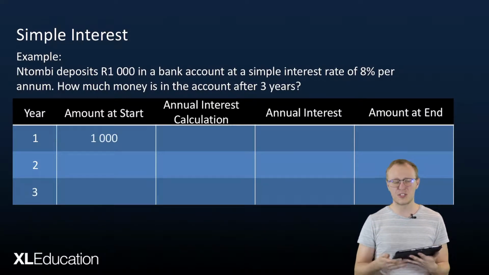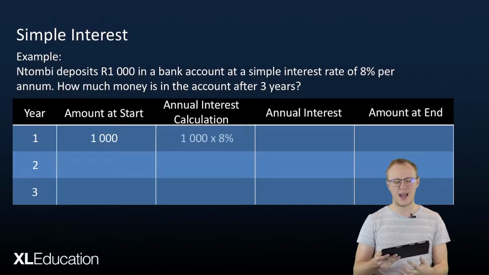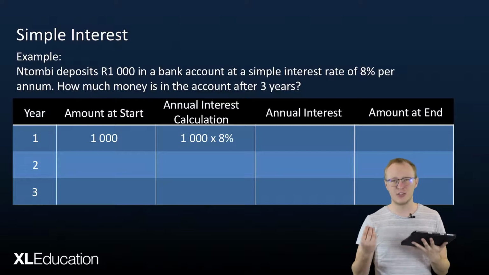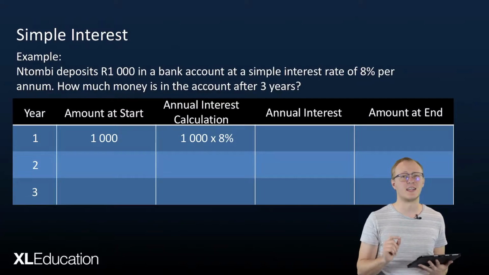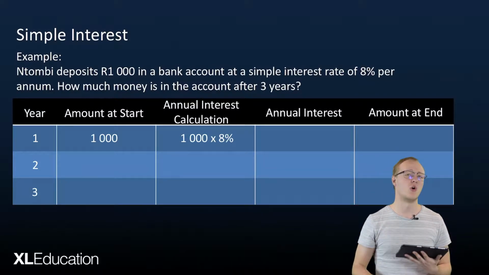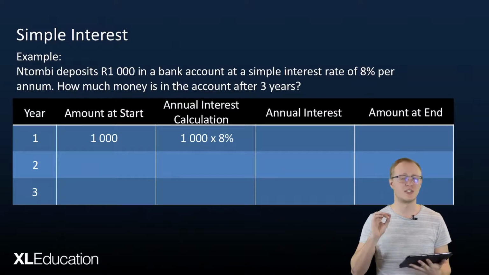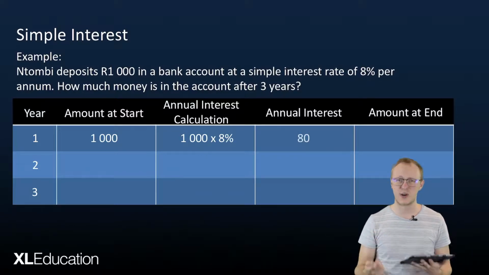The annual interest calculation is to take that 1,000 Rand and to multiply it by the interest rate, which is 8%. And remember, 8% is a fraction. 8 divided by 100, or as a decimal, 0.08. So 1,000 times 8% is 80 Rand.